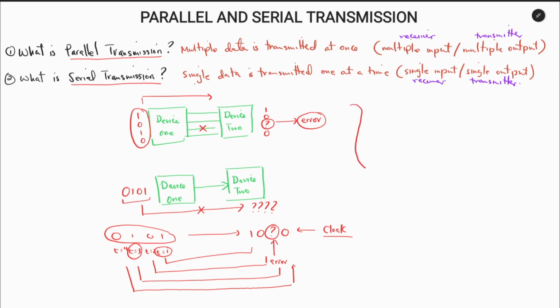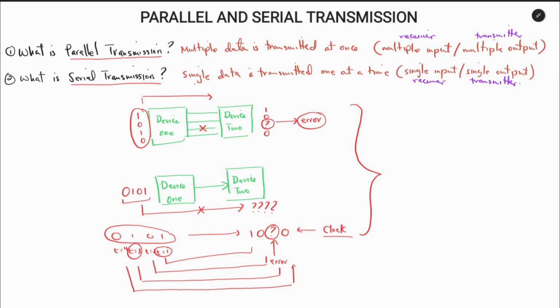Now, to summarize, we can see that these two are the main types of data transmission between devices. Depending on the application of your device, you can choose whether the data you want to send uses the parallel transmission mode or the serial transmission mode. The important thing about serial transmission is the clock.